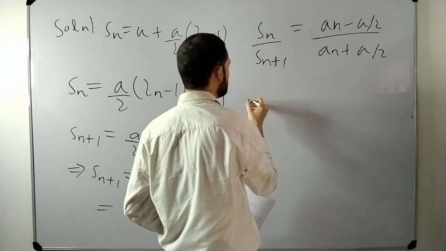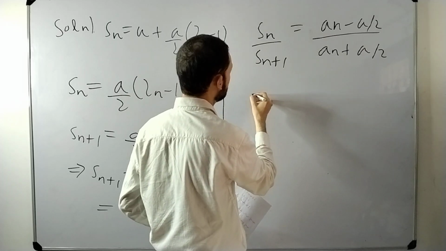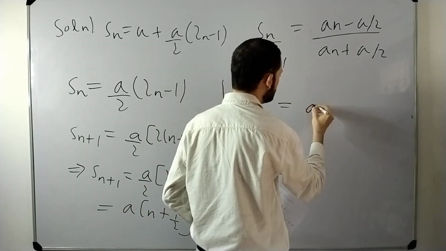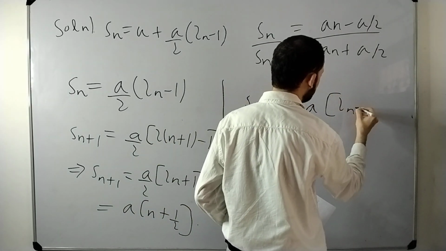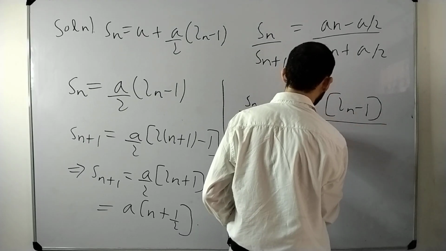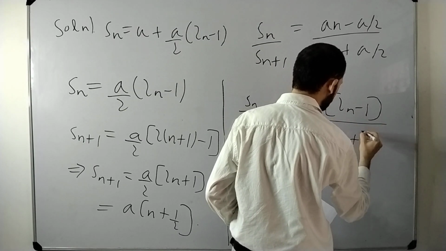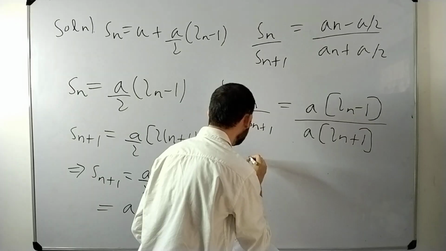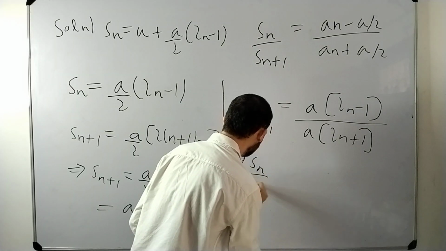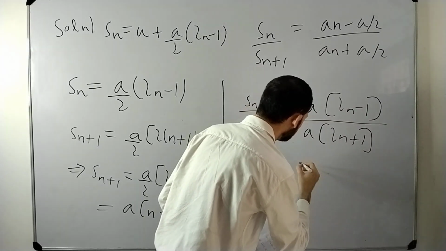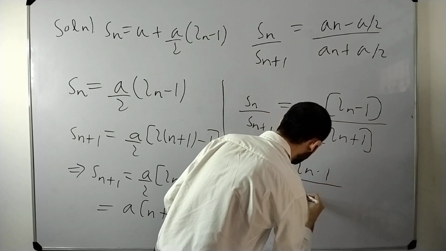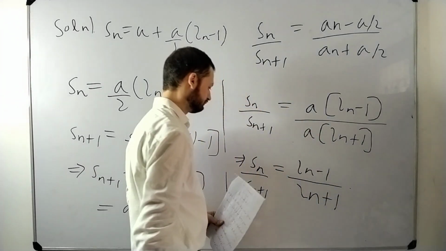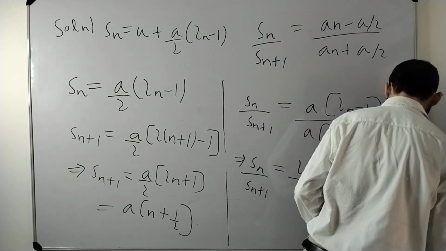So what I need to do is take a common. Sn upon Sn plus 1 becomes, taking a common, 2n minus 1 over 2n plus 1. I have taken a common, okay students? This is the answer of Sn upon Sn plus 1.